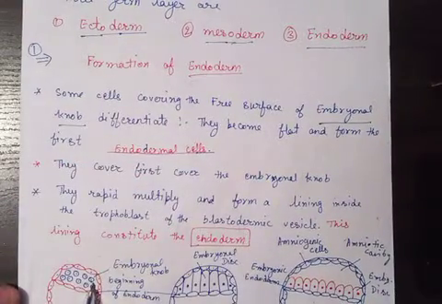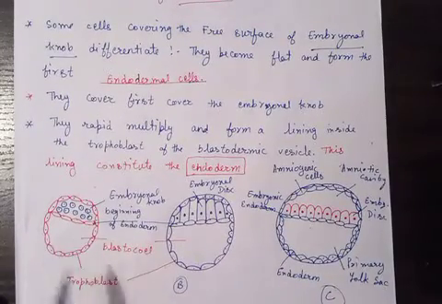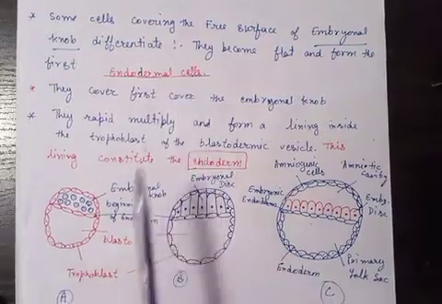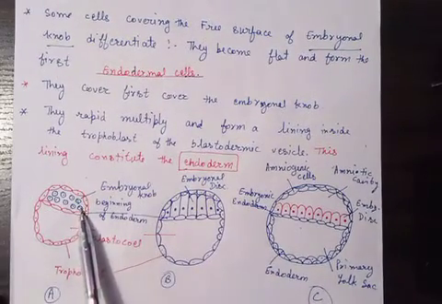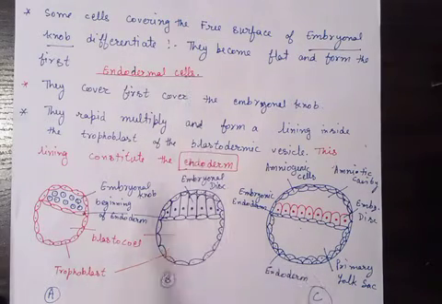That is the embryonal knob. The embryonal knob differentiates into the first endodermal cells.